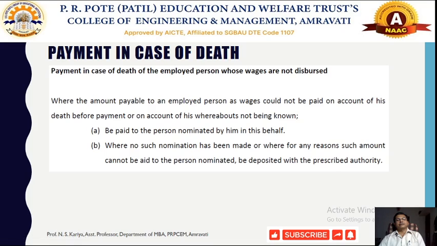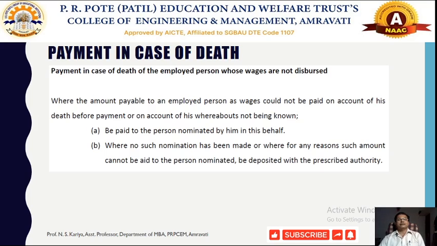In case the deceased person has not directed to whom exactly the remaining wages would be paid, the prescribed authority will decide, and the remaining amount of wages of the deceased employee will be paid to that particular person.